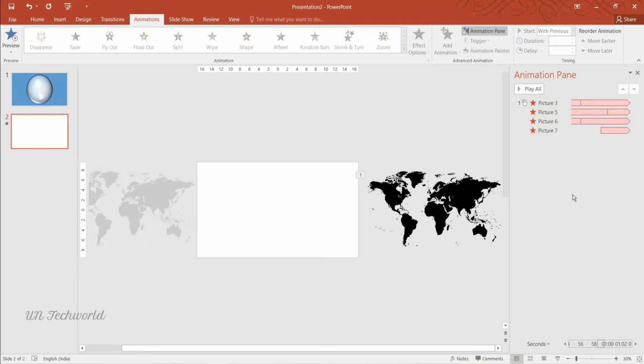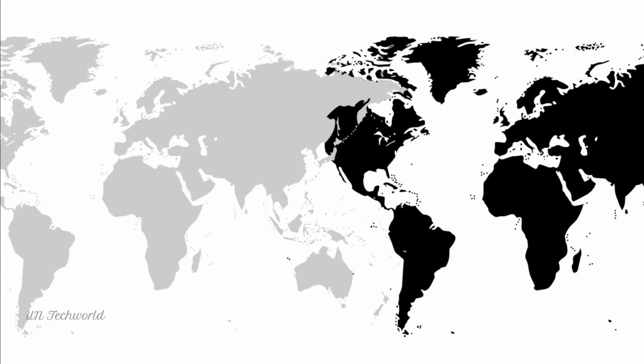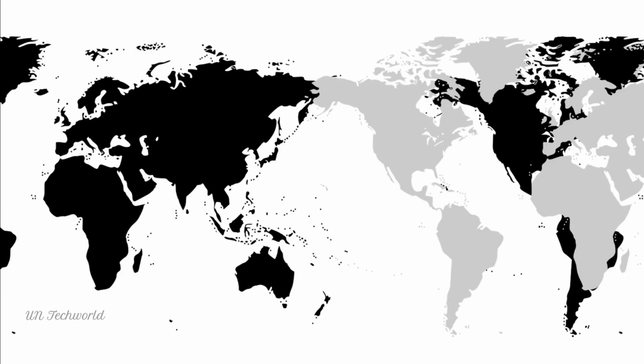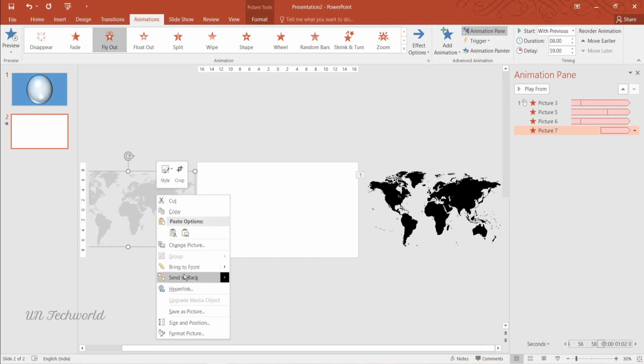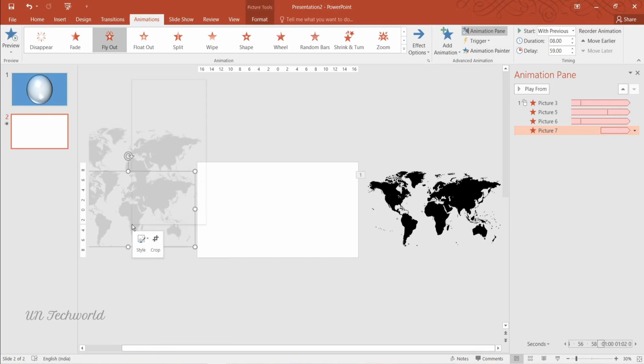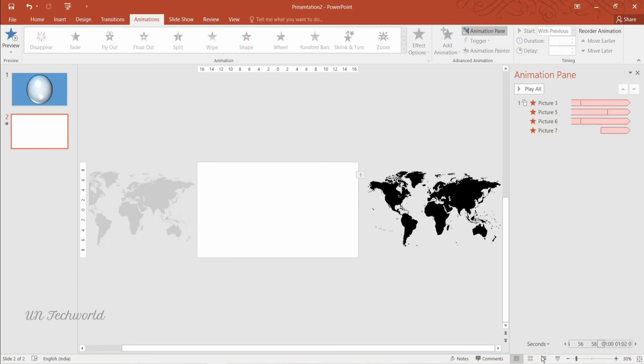Hit enter. I am playing this by pressing front and back. It is okay, but one more thing we need to change. For the back, this picture goes to back. Click on the picture and Send to Back, and this one also send to back, and adjust this picture here. Now it's okay, and you need to play all.